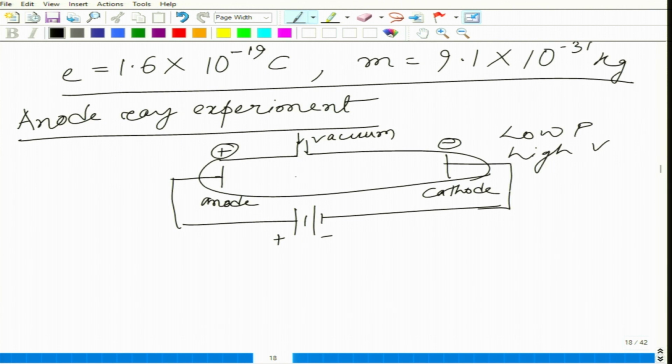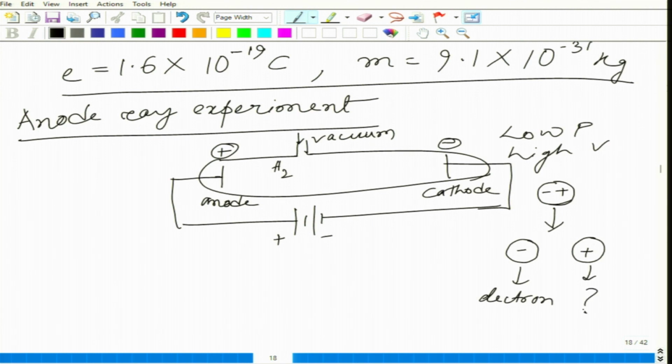Now if some gas is present inside, what will happen? If this is an atom, for example, it will have negative and positive both. Now it will split up in the presence of electricity like this, negative and positive. We knew that this is the electron.